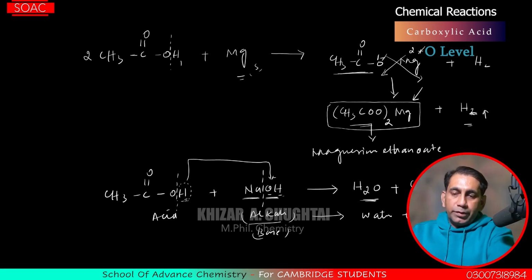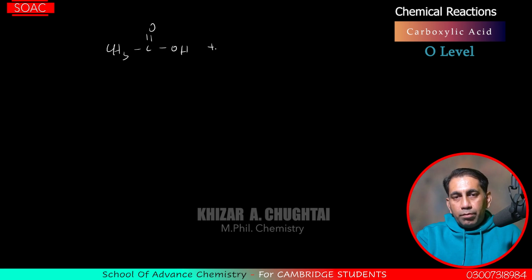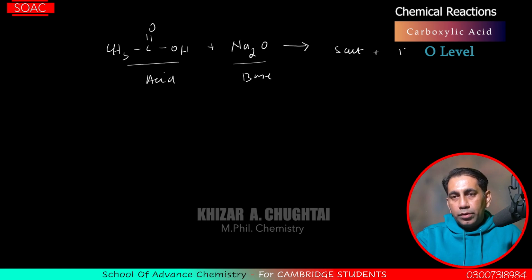Next thing, for example, we can react ethanoic acid with sodium oxide, Na2O. It's also a base. Once again, when any acid is allowed to react with a base, they will make salt and water.